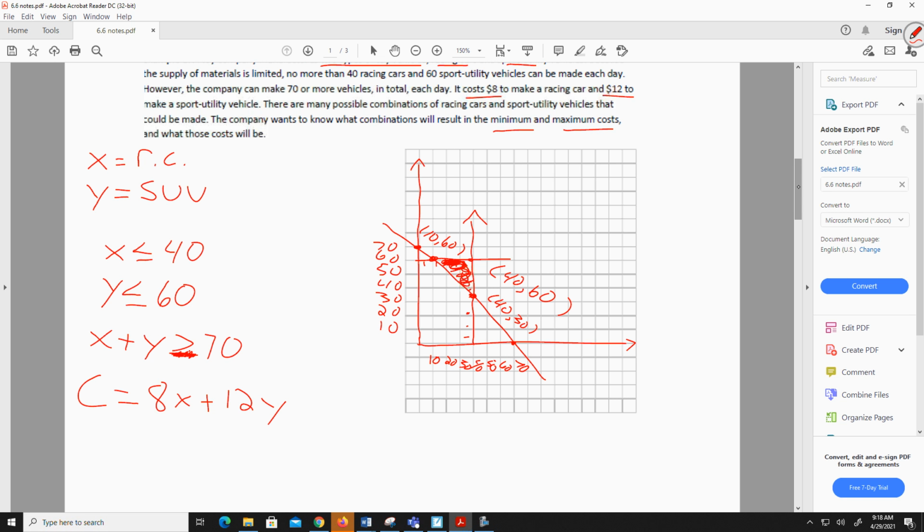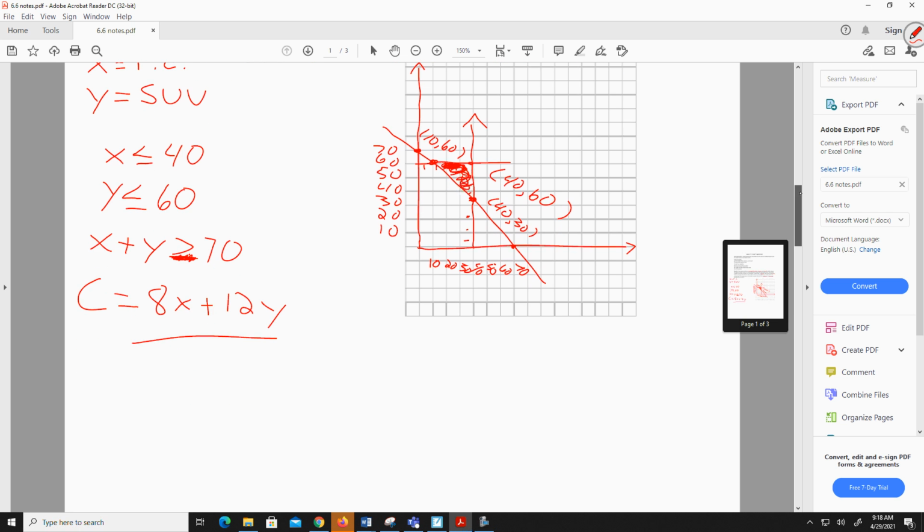So now I take each one of those and I plug it into my objective function here. And I see which one gives me my maximum and minimum cost. So I'll do each one.